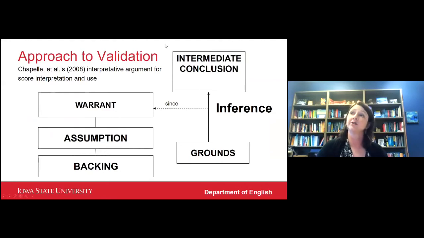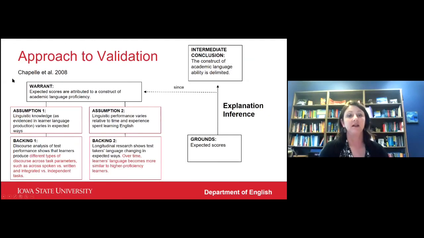And where we're going to pay attention is primarily here, because the analysis of the learner corpus is going to provide the backing that allows us to make an assumption that ultimately leads to a conclusion about the validity of the test.